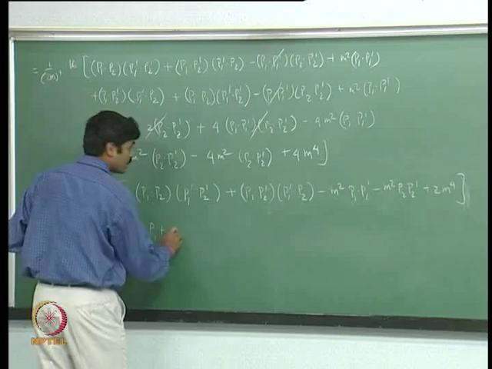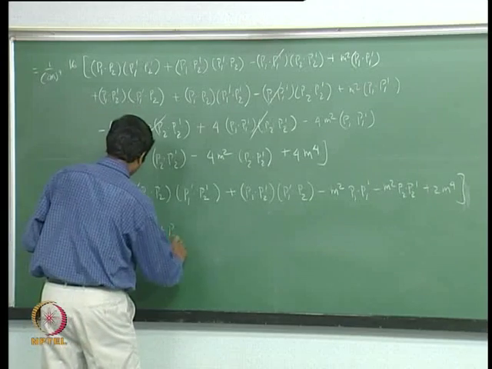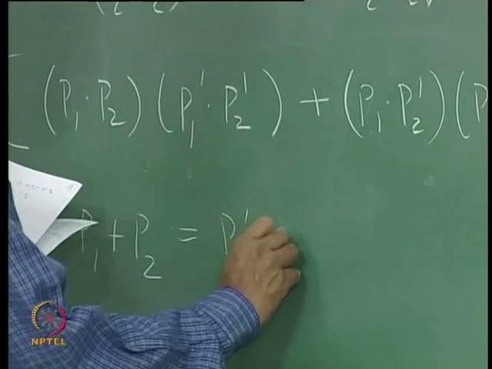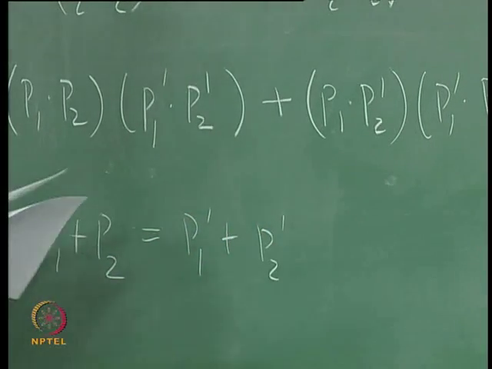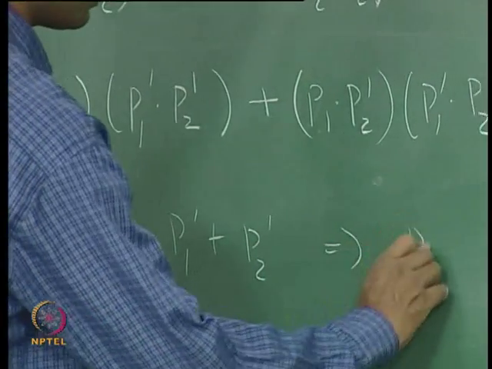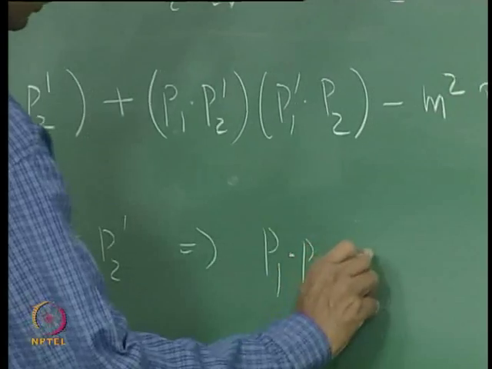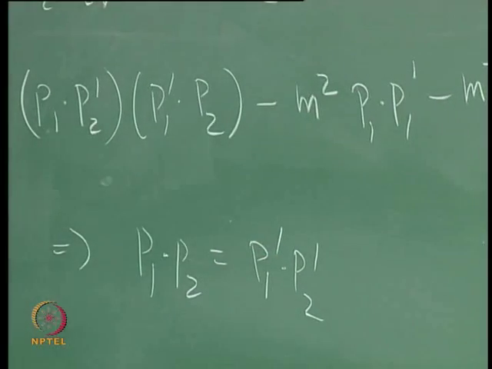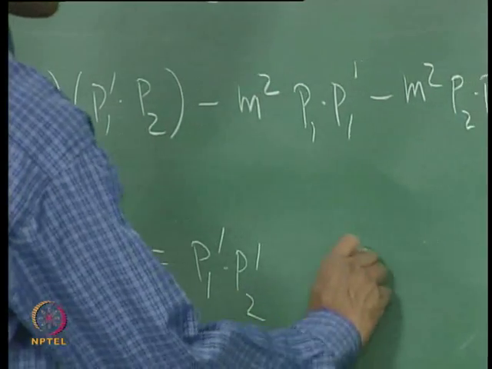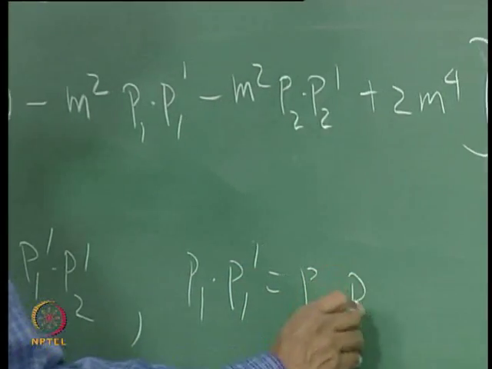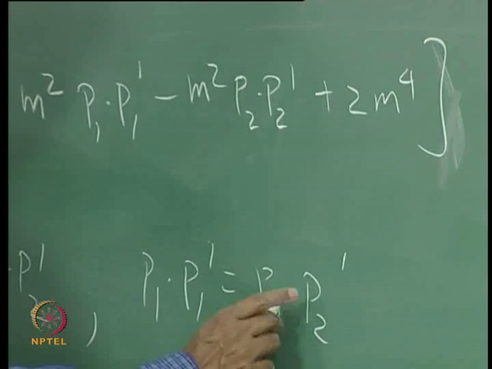Now, what I will do is that I am using the fact that the energy momentum is conserved. So P1 plus P2 is just equal to P1 prime plus P2 prime. This implies a number of things. First of all, this implies P1 dot P2 is equal to P1 prime dot P2 prime. This also implies P1 dot P1 prime is equal to P2 dot P2 prime.